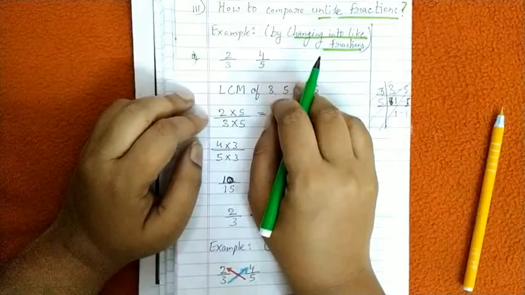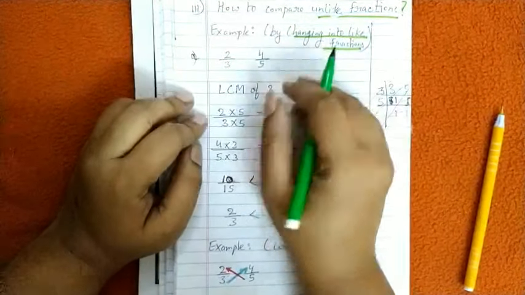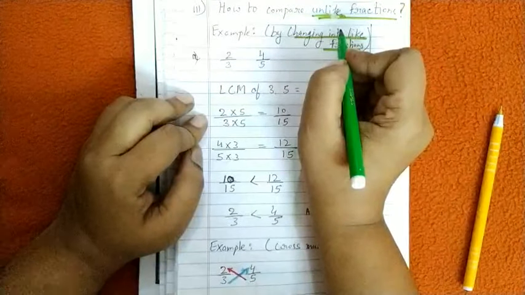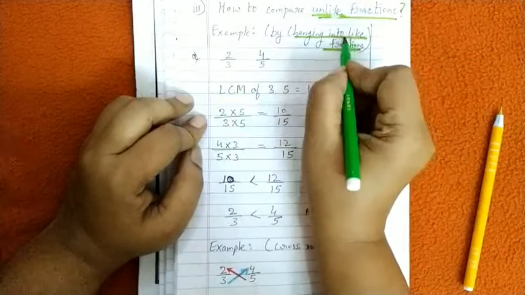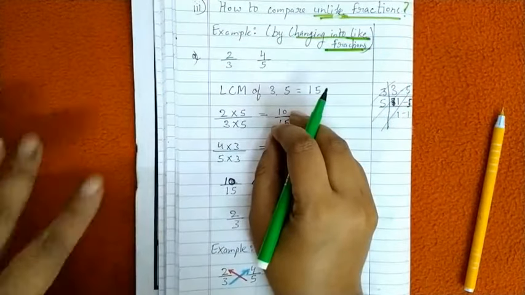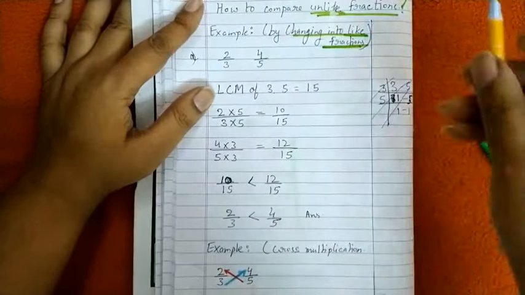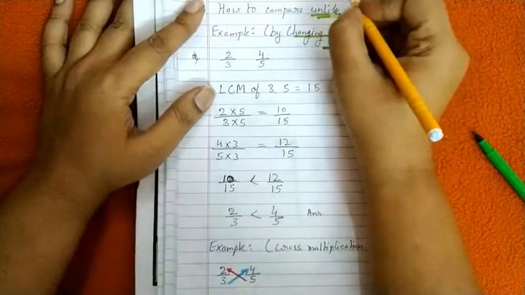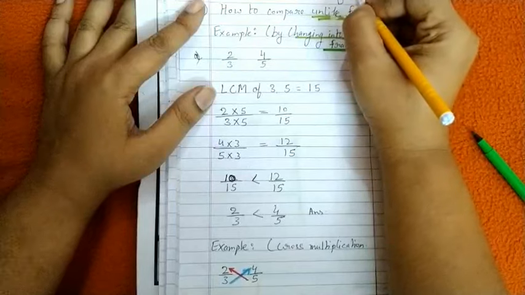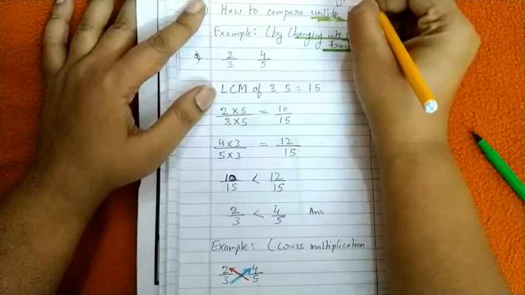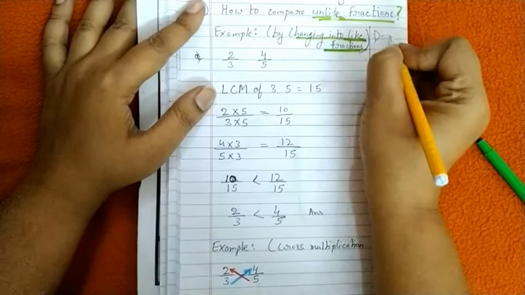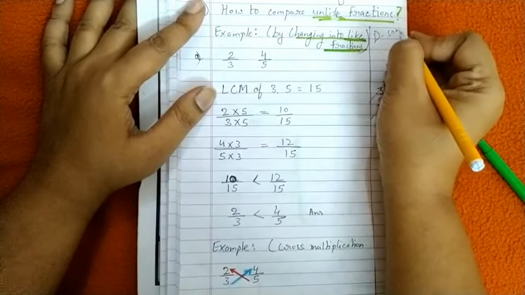In unlike fractions, denominators are different. And in like fractions, denominators are same.